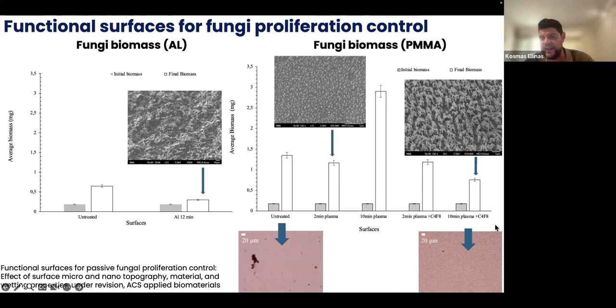As you can see here, by transforming the surfaces to superhydrophobic, we can, except bacteria, also control the fungi proliferation rate on this kind of surfaces. And no fungi cells were observed on these very rough surfaces compared to the untreated one, in which you have already some fungi cells attached on them.